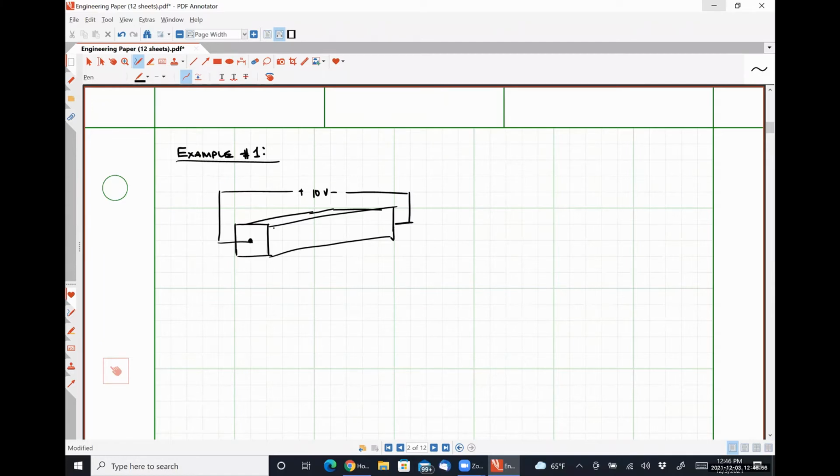My bar has a height of 1 centimeter, a width of 1 centimeter, and a length of 10 centimeters.